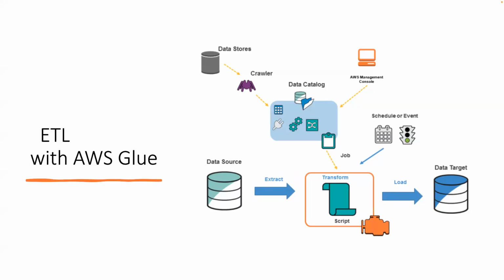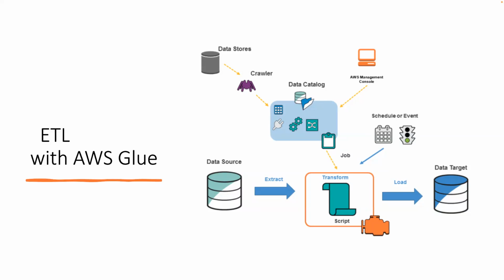They have something called Glue crawlers, which you can create to crawl, for example, an S3 bucket. You can specify a prefix you want to crawl, and it crawls and creates a metadata table out of it. They have something called the Glue catalog, which is a metadata store where you store your table schema and properties, like where your table data is located and what type of data you have.